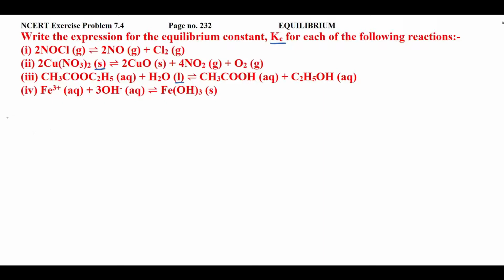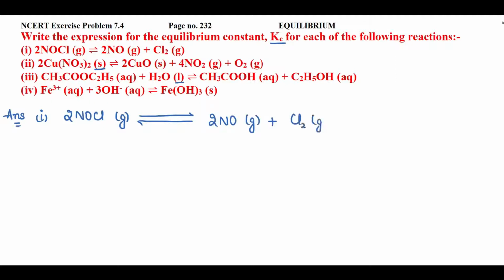So first of all, we'll see the first problem, that is 2NOCl, that means 2 nitrosyl chloride, in gaseous form, gives rise to 2NO, nitric oxide, plus Cl2, chlorine, right? So obviously when we have to express the equilibrium constant, we will write concentration of product over reactant.